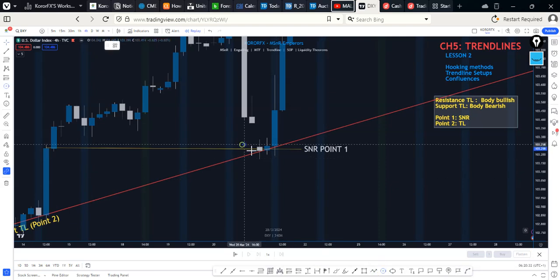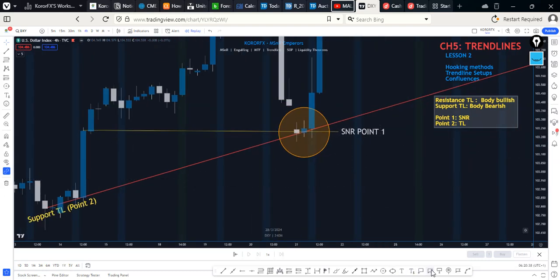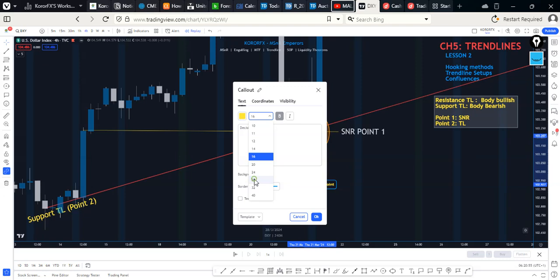When you wait for the price to touch, what is here? Exactly, this area is a decisional point, because you have SnR number 1 plus TL, and that equals a decision.